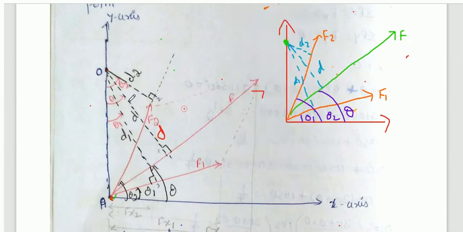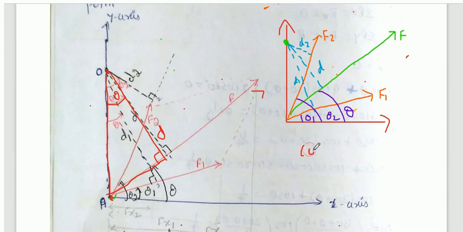So now consider this triangle. This is 90 degrees, and this angle is theta. Clear? So from this apply cos theta.